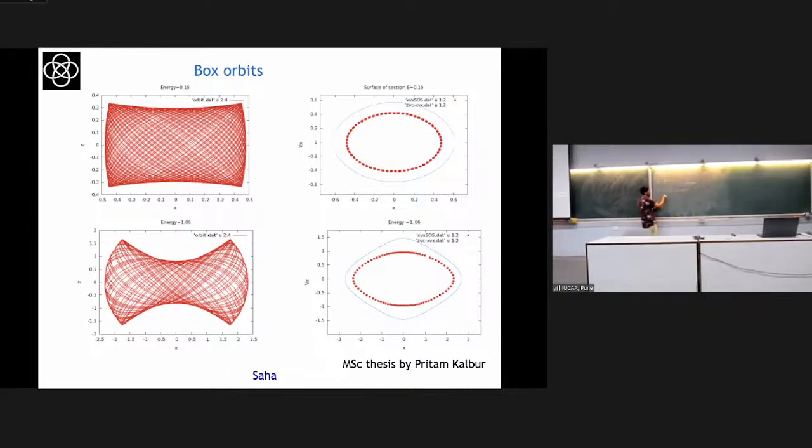What is the radial equation of motion? p_R dot equals minus del H by del R. Right? What will be the term?